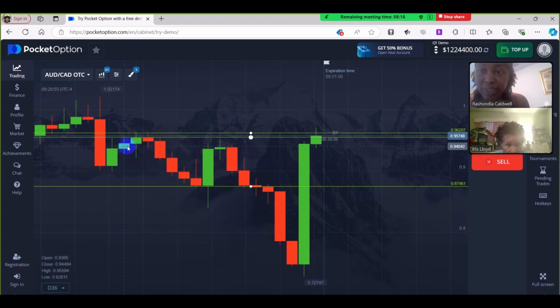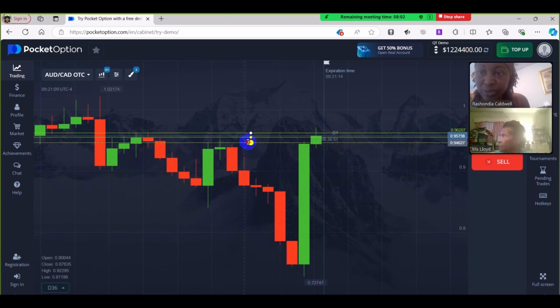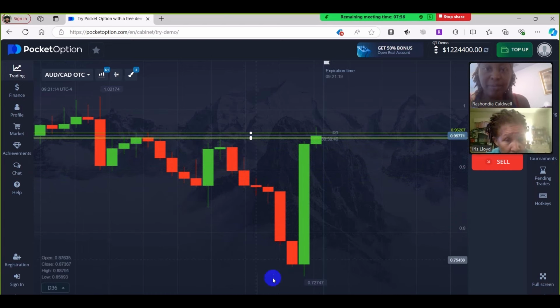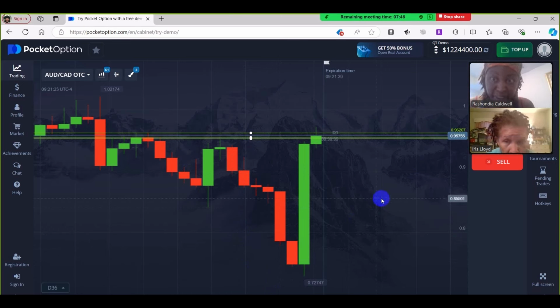And if you can see, this candle wick and this candle wick, they both rejected at that same area. This candle wick rejected right here. So you can see this little pale line playing in between that candle.